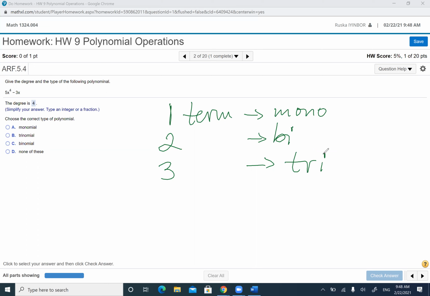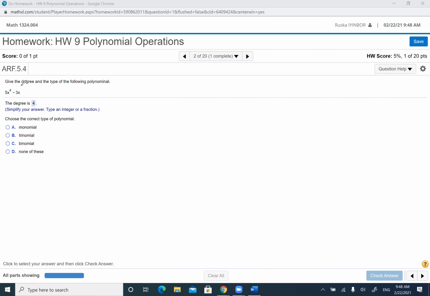These are only the first 3 terms. They have another nickname. Look at it like a nickname. Everything is polynomials, but if you have only one term, it's monomial. If there are 2, it's binomial. If there are 3, it's trinomial. Okay? So these are kind of nicknames. So looking at my polynomial here, how many terms do we have? 1, 2 terms, right? So if there are 2 terms, it's what? Binomial. Good job. It's a binomial.